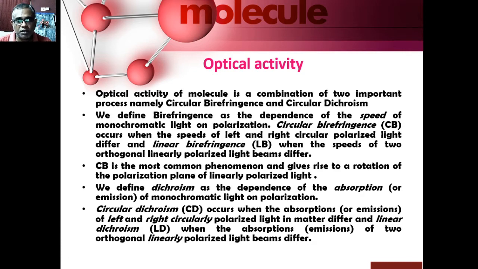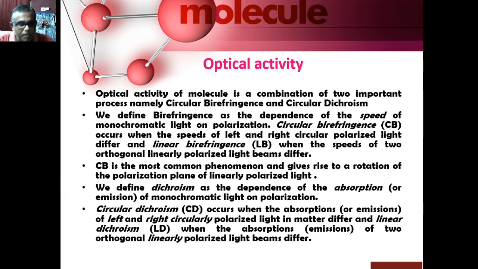These two terms are very fundamental, and we can define birefringence as the dependence of the speed of monochromatic light on polarization. Let us say that we are trying to pass a light through a medium, and a light can travel faster if the medium has a large amount of space.